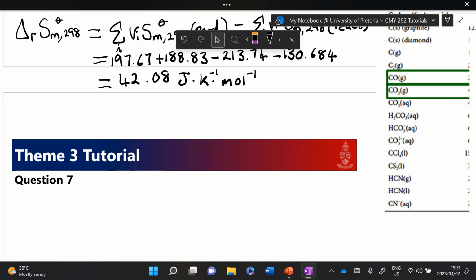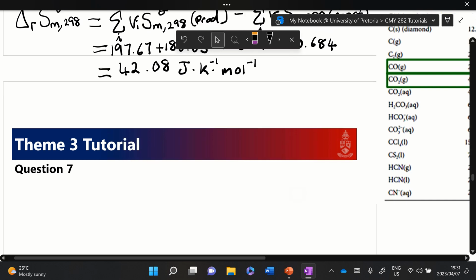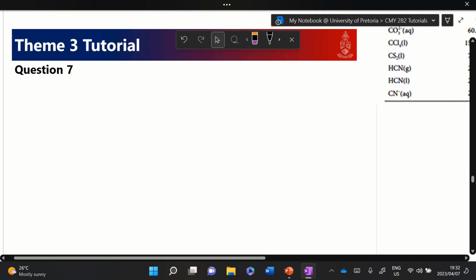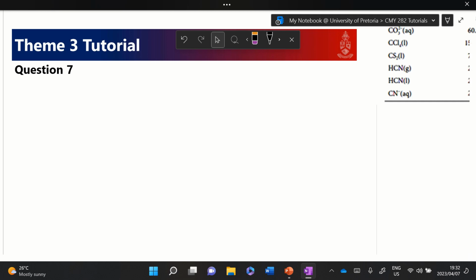Now, if we want to heat, what happens when we heat something? In the previous tutorial question, question 6, we looked at the definition of heating for entropy.